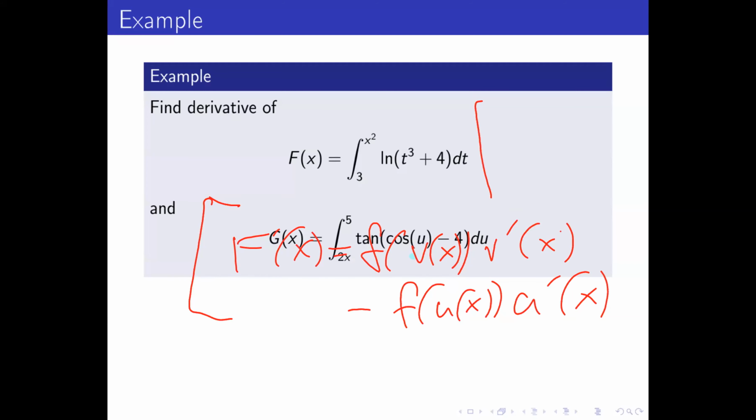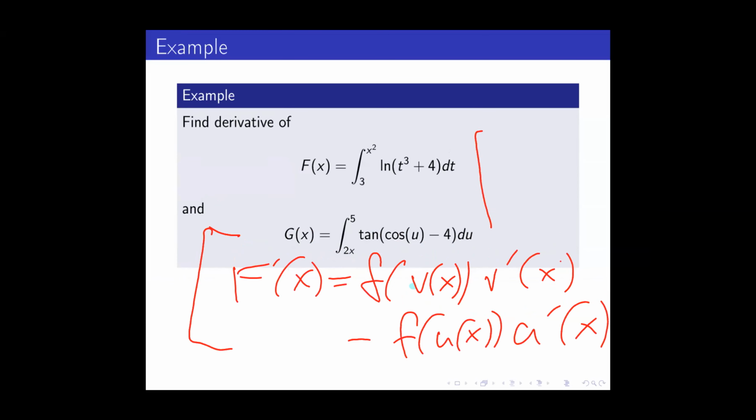Anyone finish? Anyone finish the first one?